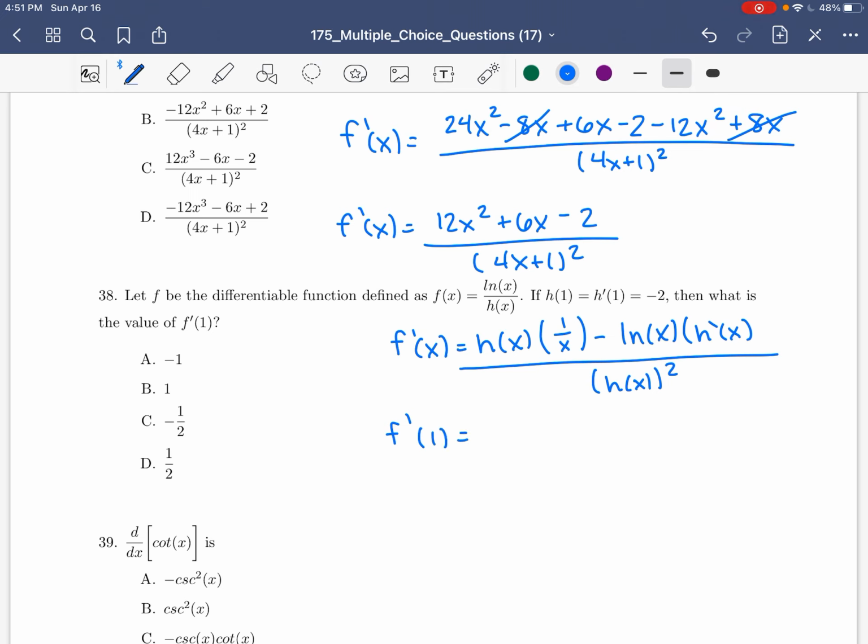So f prime of 1 equals h of 1 times 1 over 1 minus natural log 1 times h prime of 1, all over h of 1 squared.